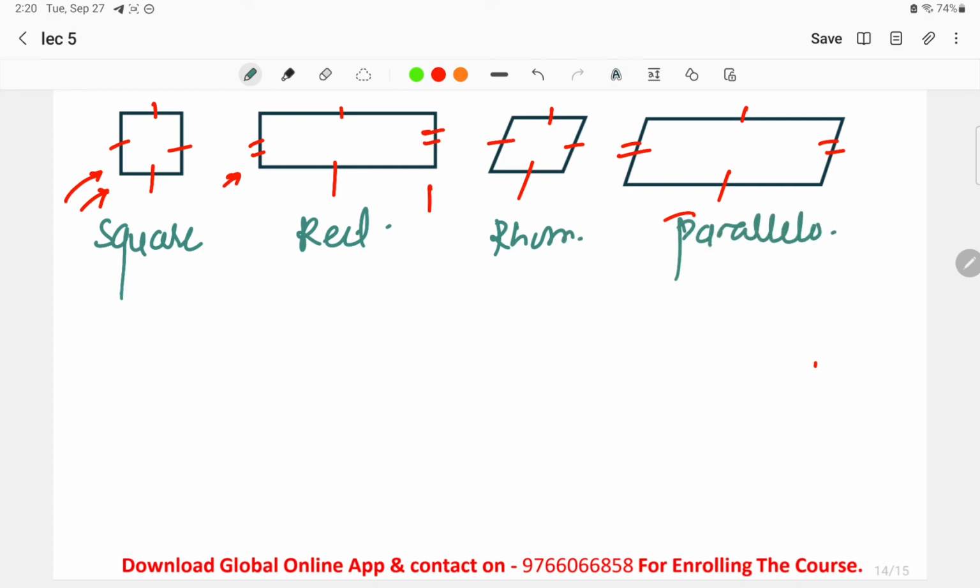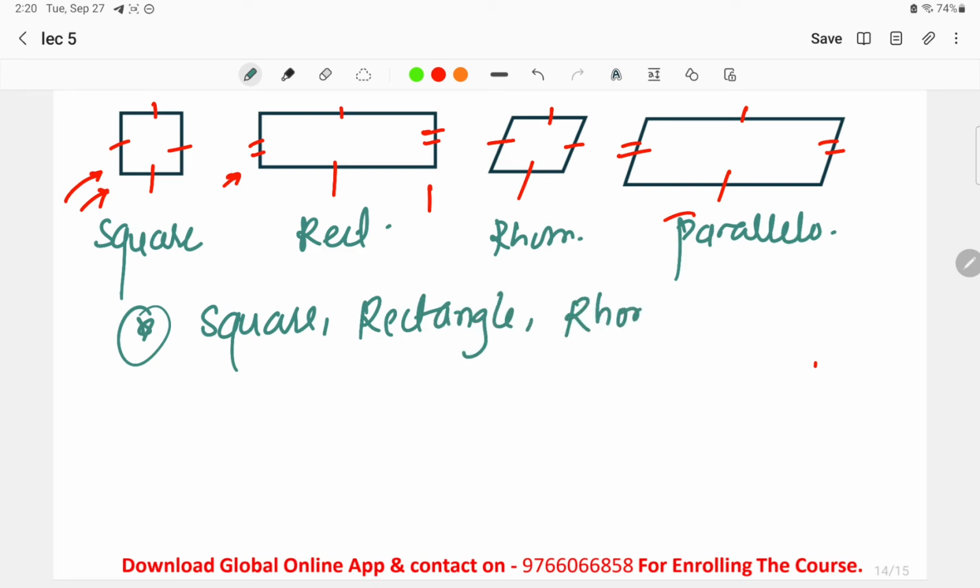Now if the question asked is: is a square a parallelogram, is a rectangle a parallelogram, is a rhombus a parallelogram, this may give rise to a question in your mind. So we must be able to know that whether it is a square, a rectangle or a rhombus, all of them are parallelograms.